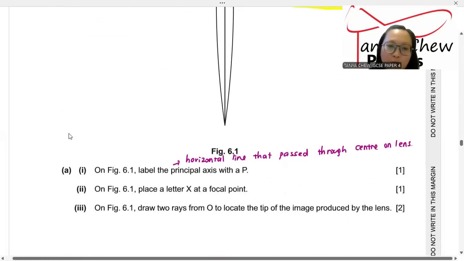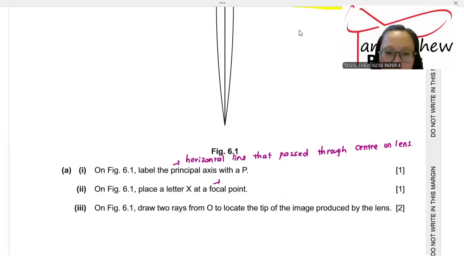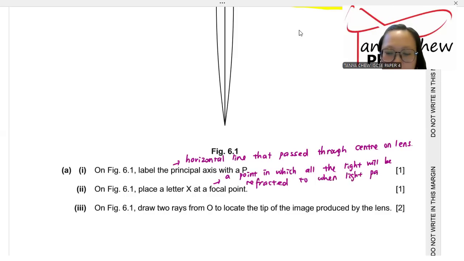Second part: on Fig 6.1, label a letter X at a focal point. What is a focal point? A focal point is a point to which all the light will be refracted when light passes through a converging lens.